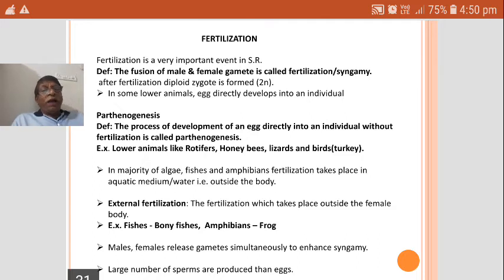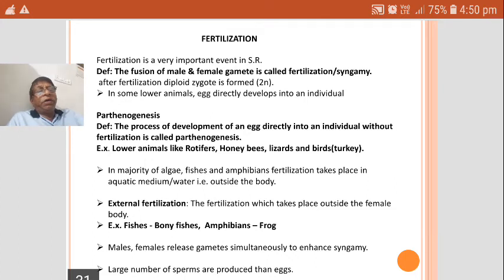How to define? The process of development of an egg directly into an individual without fertilization is called parthenogenesis.